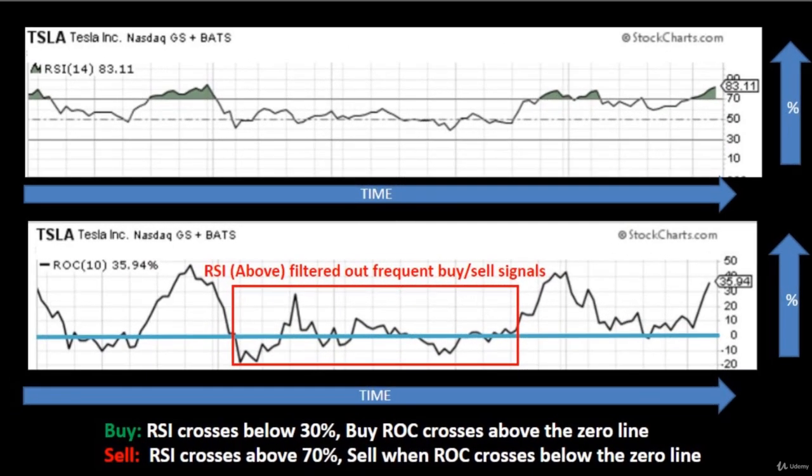Now, if we look at these together, one thing that you'll see here is you notice how in the ROC, it goes above and below the zero line pretty frequently there in the middle. That's that whipsaw effect where it's whipping above and below the line, causing a lot of frequent buy and sell signals. And the RSI above does not have that. Remember, the RSI is at 70 and 30. If you look at that same part of the chart, there are no buy and sell signals.